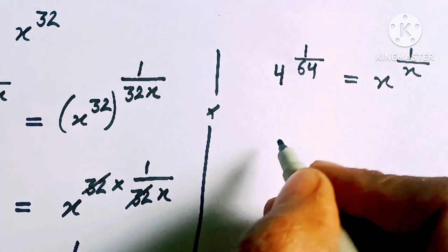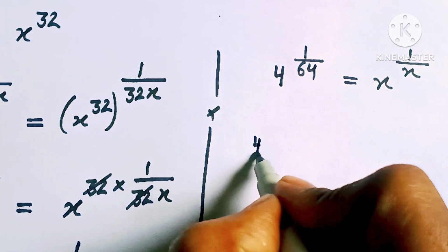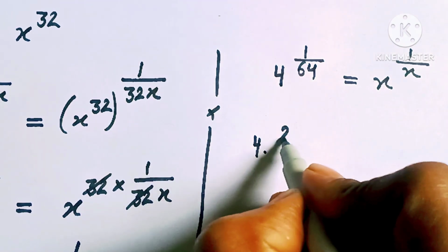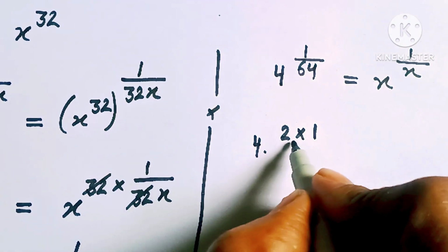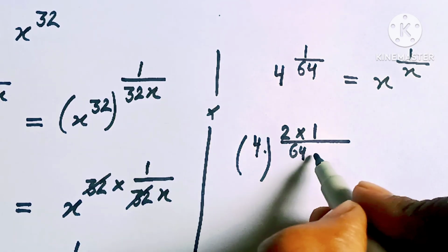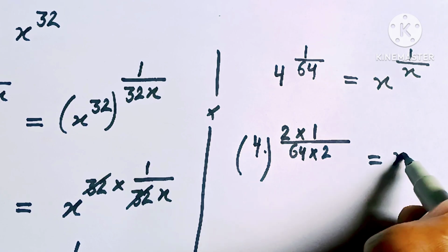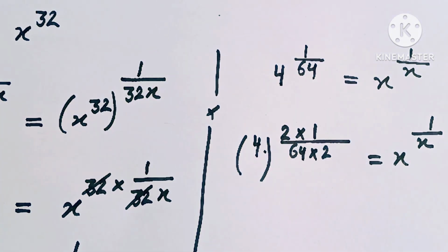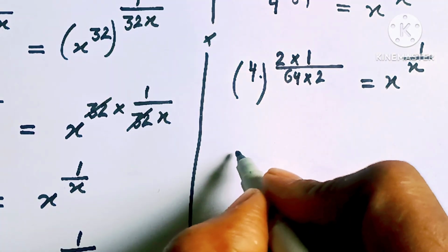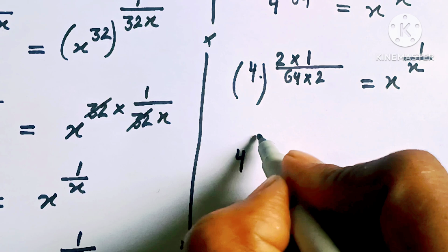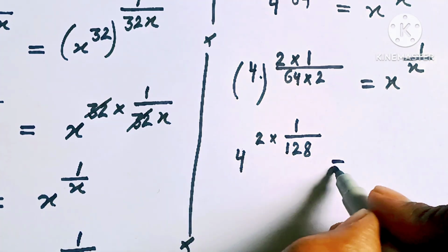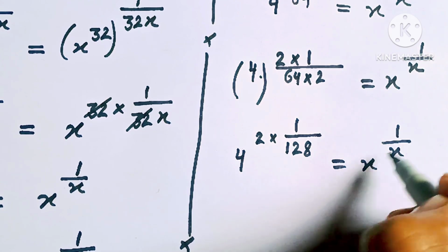So I'm going to repeat the same process: 2 is multiplied with the numerator 1, so 2 into 1, divided by 64 into 2, and the same thing, x to the power 1 by x. Here you will see that this is 4 to the power 2 into 1 by 128, and x to the power 1 by x.